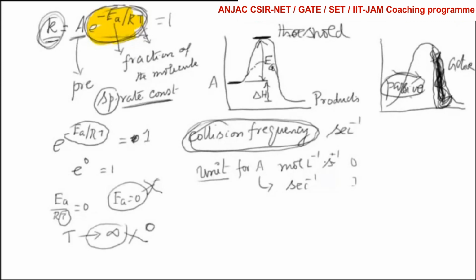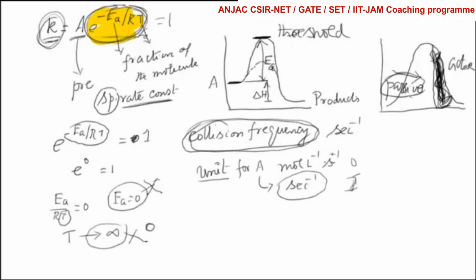Therefore, when A has the unit per second, which occurs in first order kinetics, for first order kinetics alone you can call A the collision frequency. For all other orders, you should not call it a collision frequency. You simply call it a linear parameter.